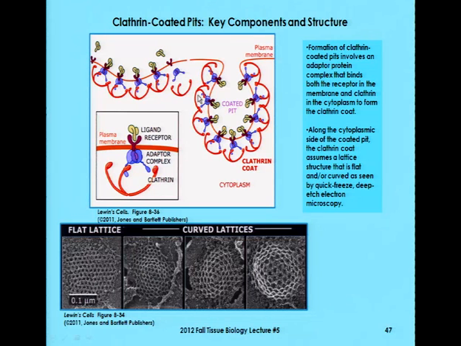Eventually, the assemblage of the clathrin generates a network that appears to have a lattice-type pattern when viewed by quick freeze deep etch electron microscopy, and it has a very distinctive honeycomb network, either flattened or curved, depending on the extent of the blebbing or the indentation of the membrane into the cytoplasm.